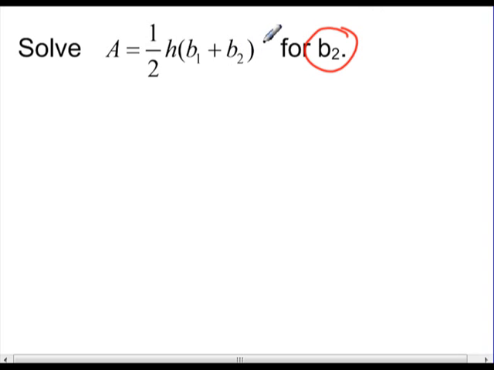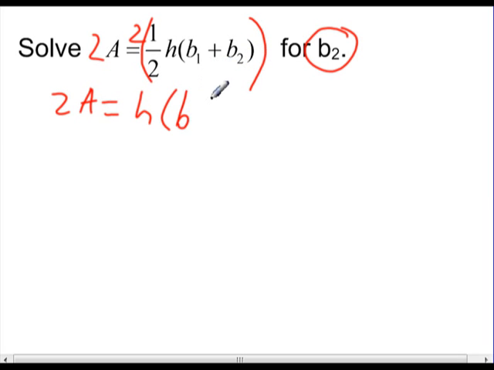So to get b2 by itself, I want to get everything else over to the other side. So I might just clear out that 1/2 first. So if I just multiply both sides of the equation by 2, then we have 2a is equal to h times b1 plus b2. And now to get that b2 by itself, there's a couple ways we could do it.